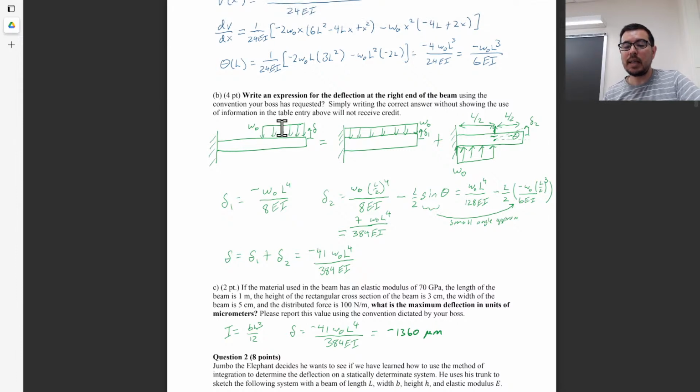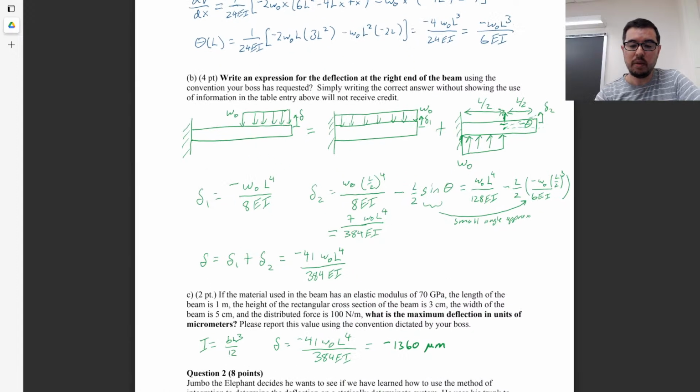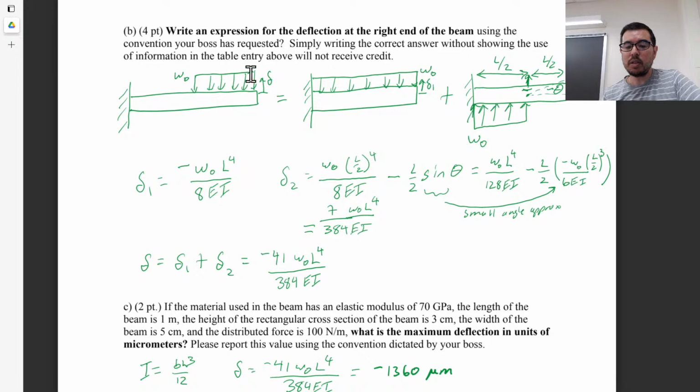I was given it as half: the distributed load is just along half of the beam. So if it's along just half the beam, I have to break it down. I have the load across the whole beam, and then I apply the same amount going upward to counteract this portion here, so that I can get this geometry.